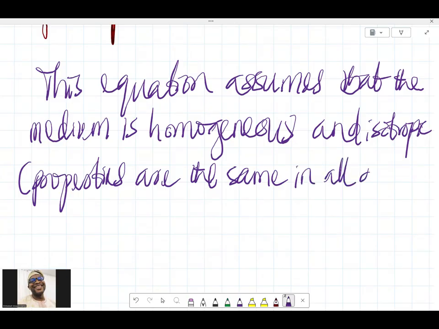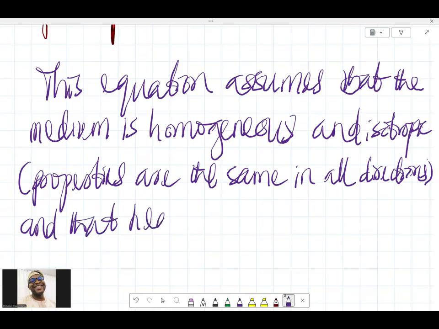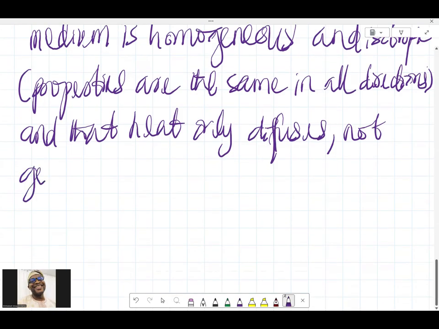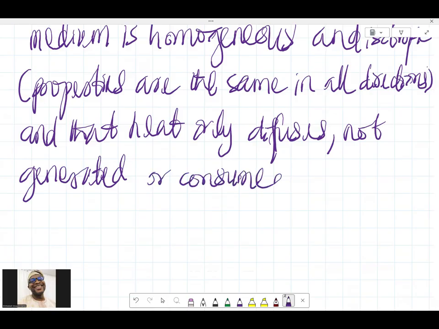Of course, this is a simplifying assumption because this may not always be true. And that heat only diffuses, not generated. So it's not like new heat is generated apart from the one already in the system. So not generated or consumed.